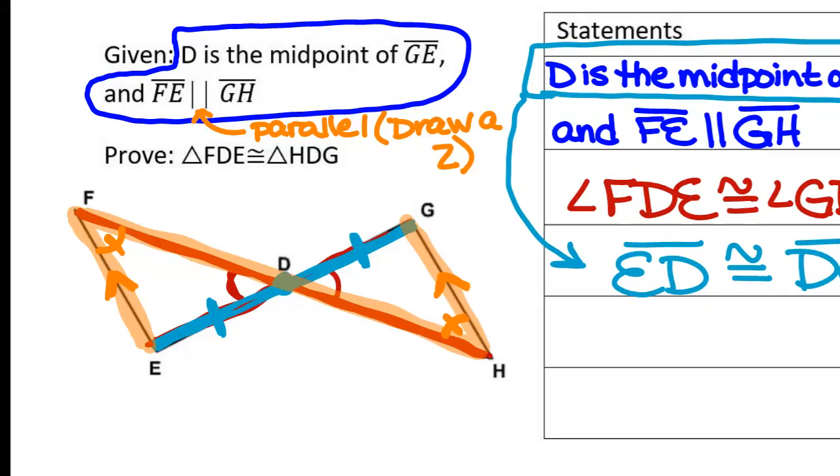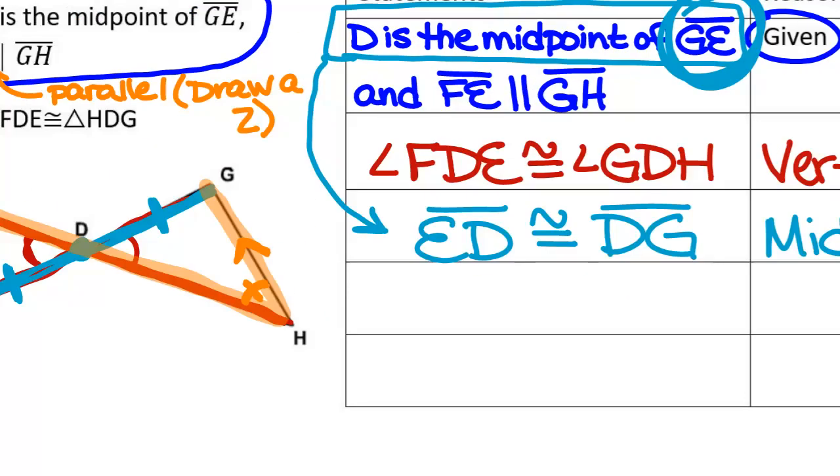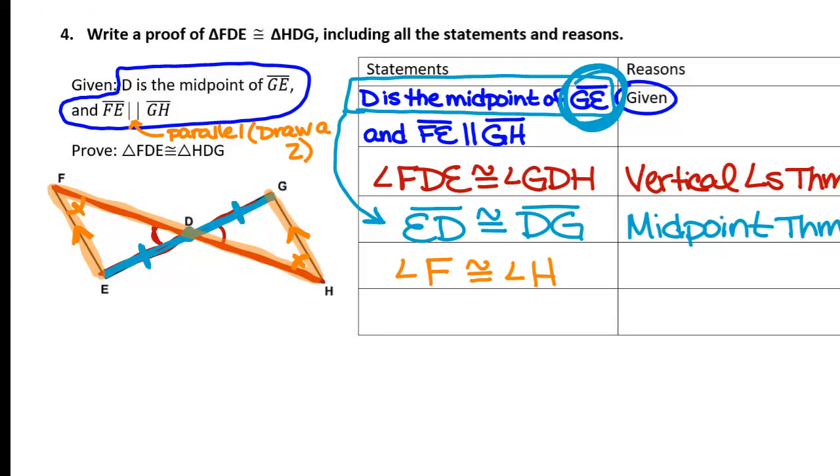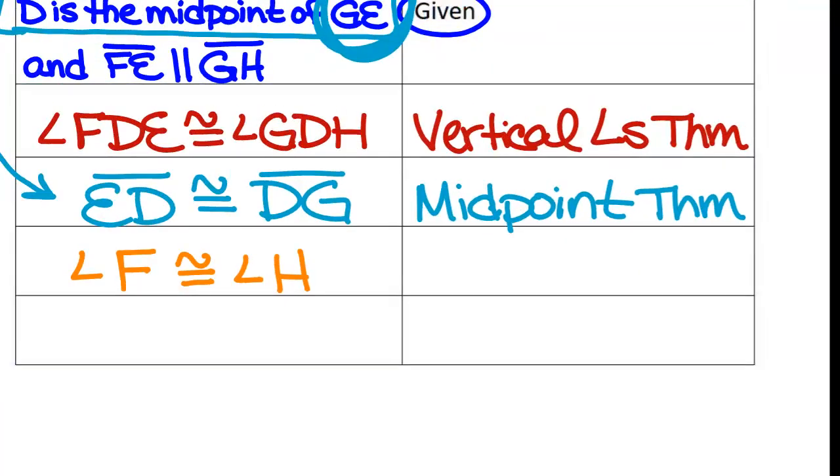I marked angle F as being congruent to angle H. Does anybody remember what type of angle pair we find when we draw this Z shape? Alternate interior angles. So we are using the alternate interior angles theorem.